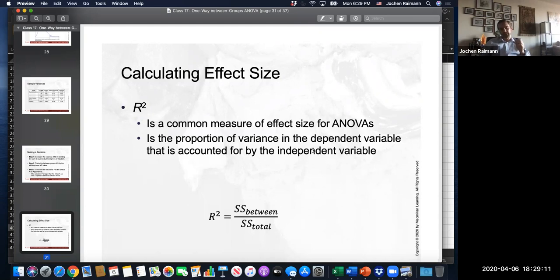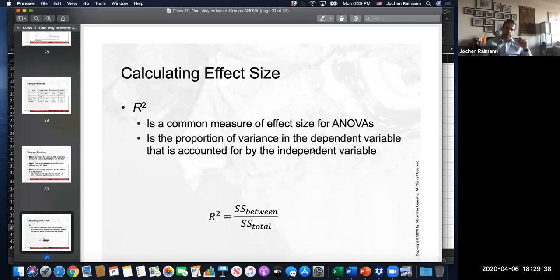So R squared is basically a concept that comes from this world. Essentially, you have the sum of squares between the groups, and this is the part of the total sum of squares that will determine your, quote-unquote, effect size.